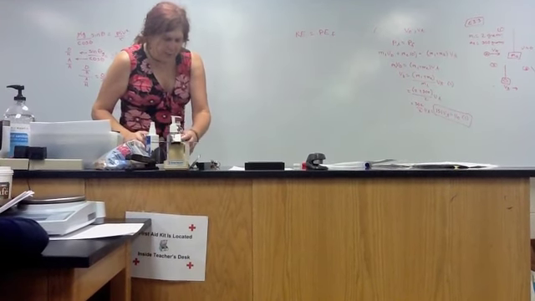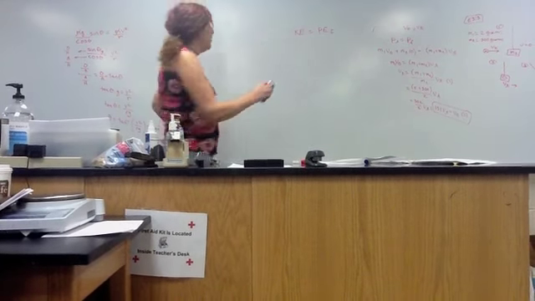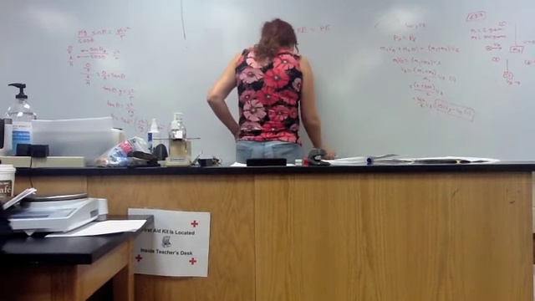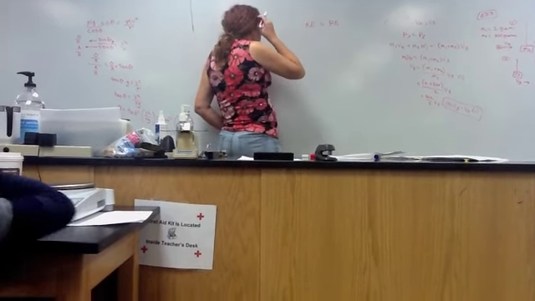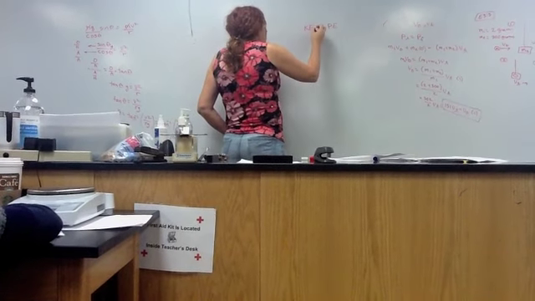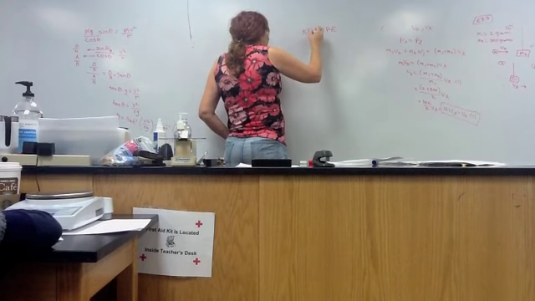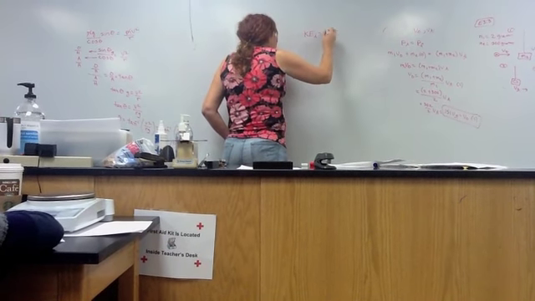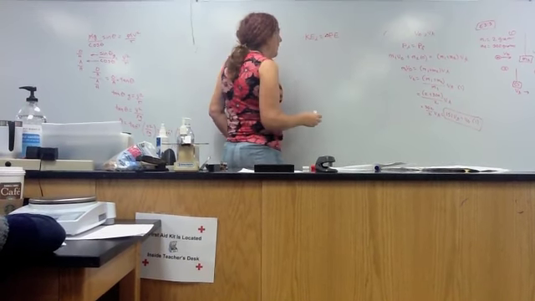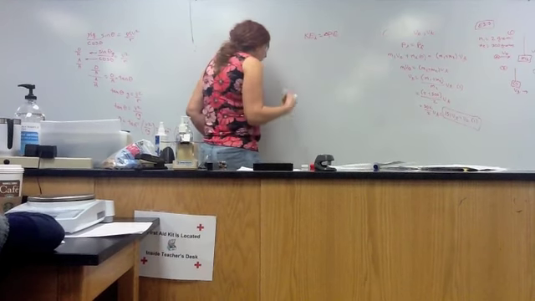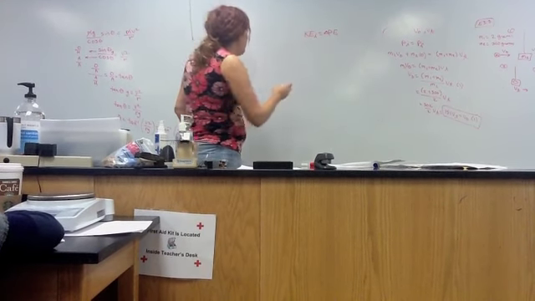I showed some more of the details of this in class, and showed how we got to this point. But it ends up that our change in potential energy is equal to the initial kinetic energy. I think we showed the full derivation of that before.